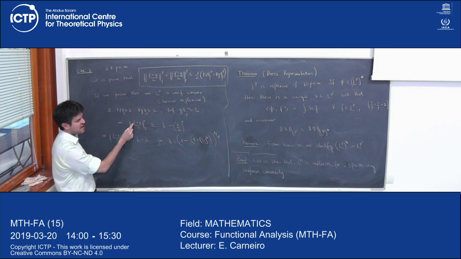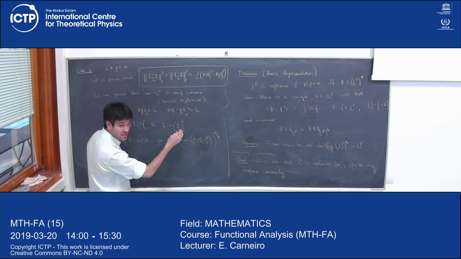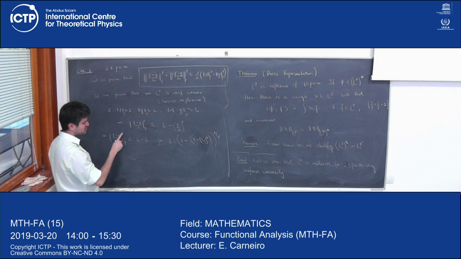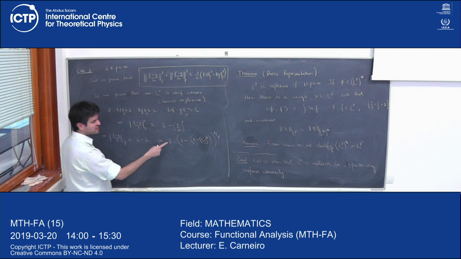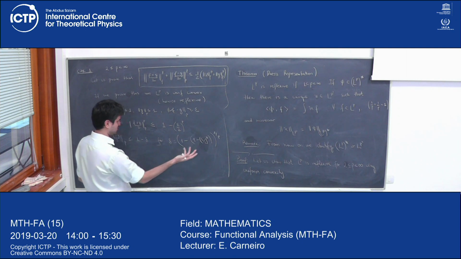The only thing we care about is that (f plus g) over 2 is less than 1 minus something. So this is less than 1 minus delta for this delta.